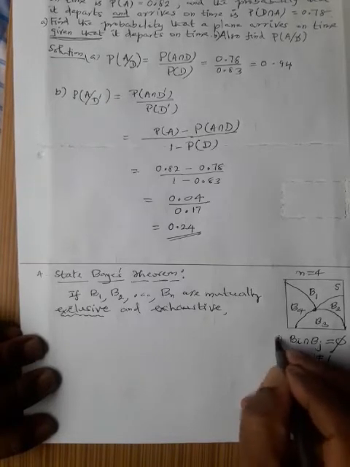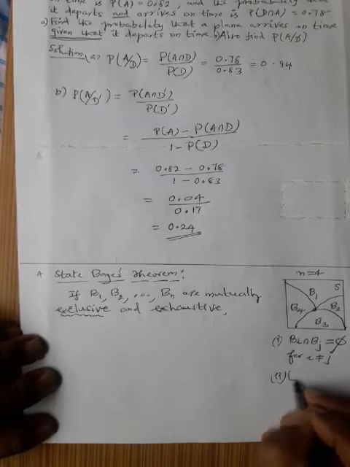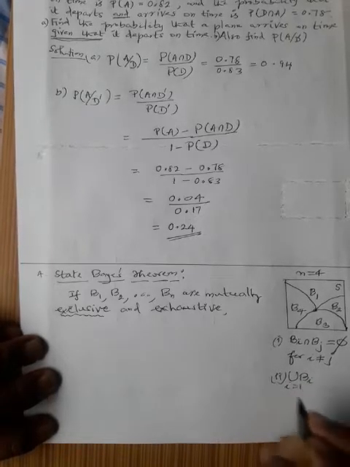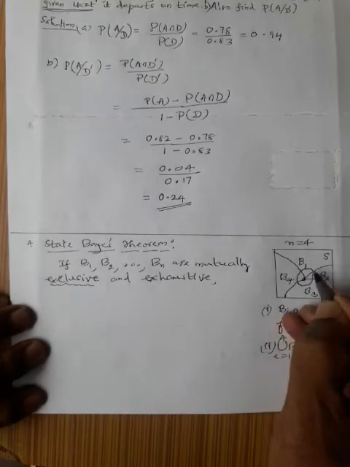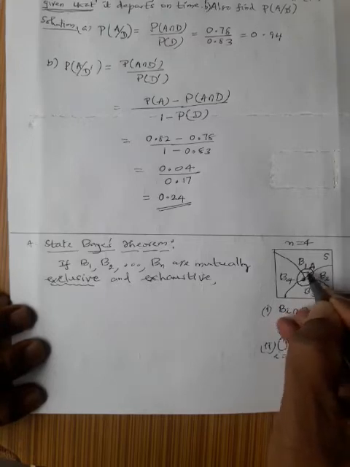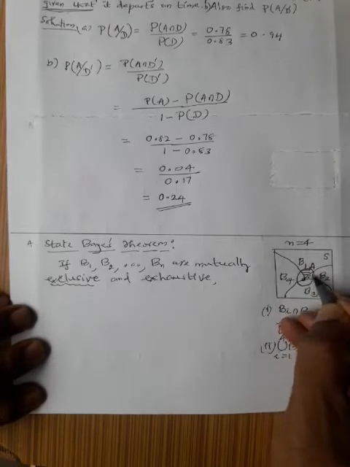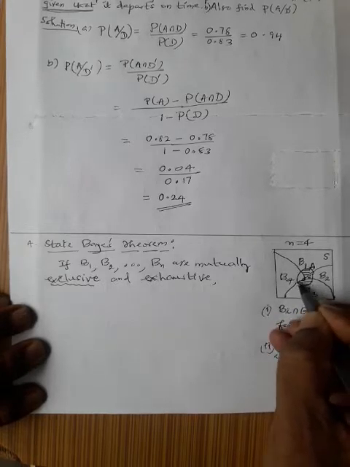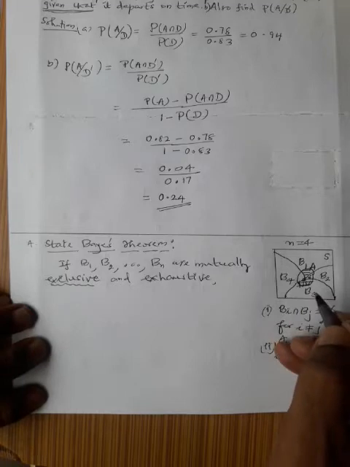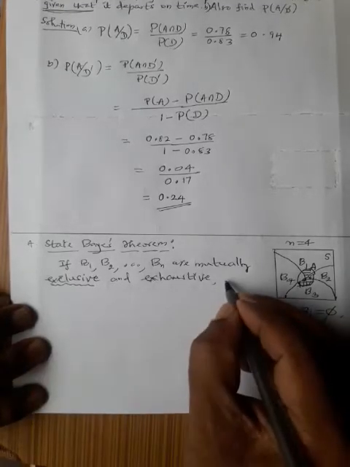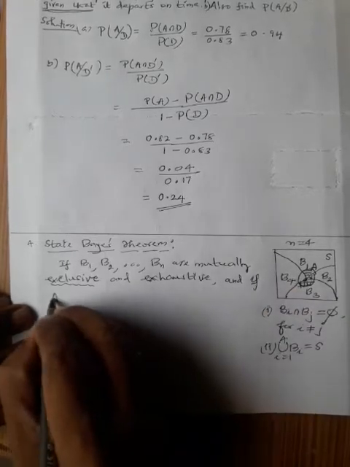Exhaustive means the union of all of them, i equal to 1 to 4, equals the whole sample space S. Mutually exclusive and exhaustive, and we have any event A. This part is A intersection B1, this part is A intersection B2, this part is A intersection B3, and this part is A intersection B4. The union of these is the whole of A.